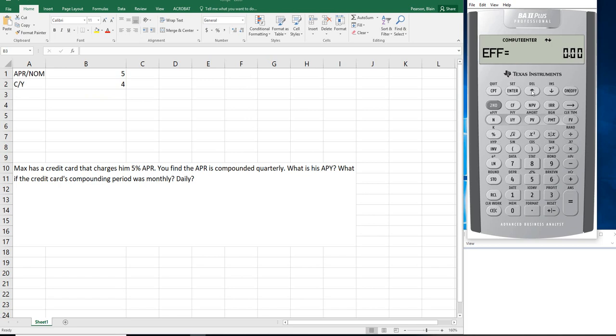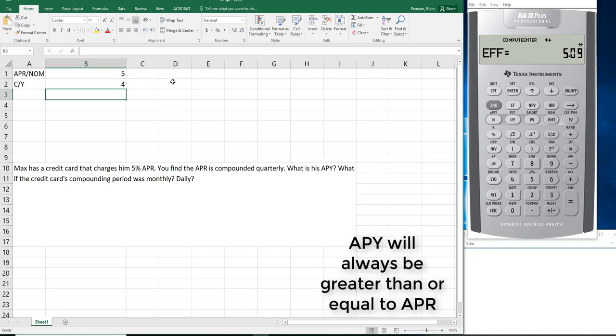We'll scroll back up and simply hit the compute button, and it'll tell us what the effective or annualized rate is. So with a compounding period of 4, the annual rate is 5.09.